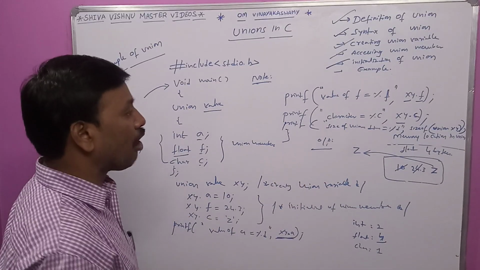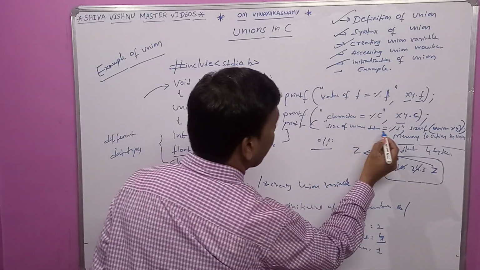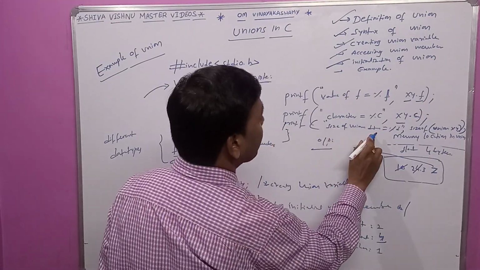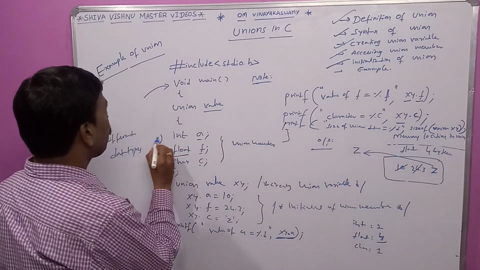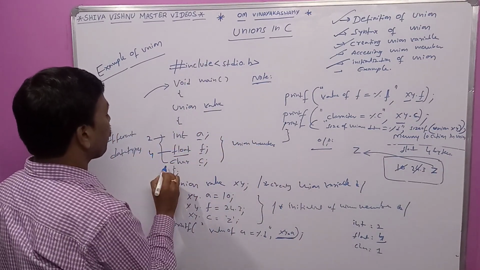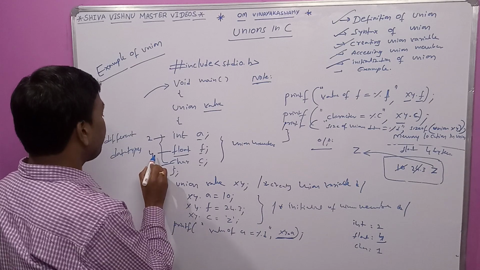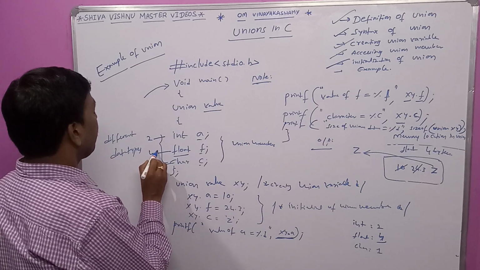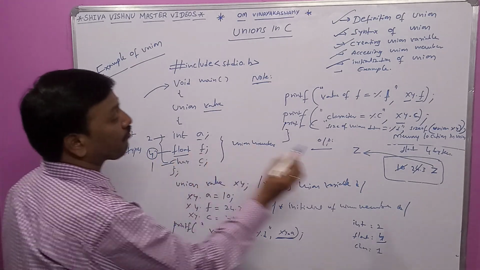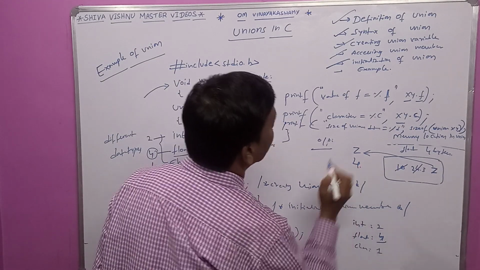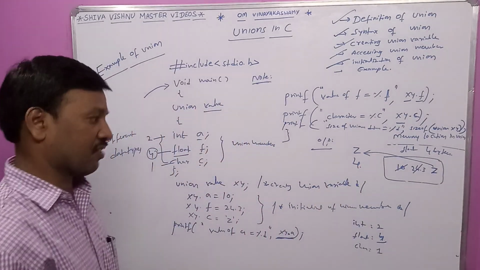Now you can see this output is z, and also here you can see the size. Here you can see the int size 2 bytes, float size 4 bytes, character 1 byte, which is highest, bytes is 4. So that's why the output 4 will be displayed on the screen.